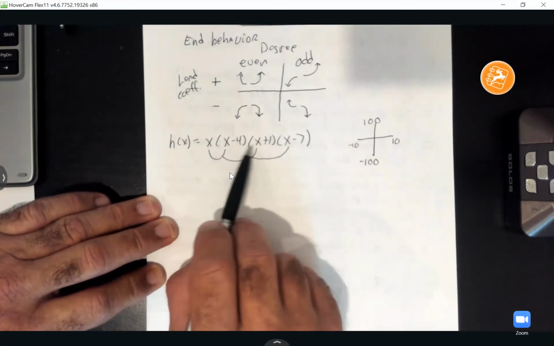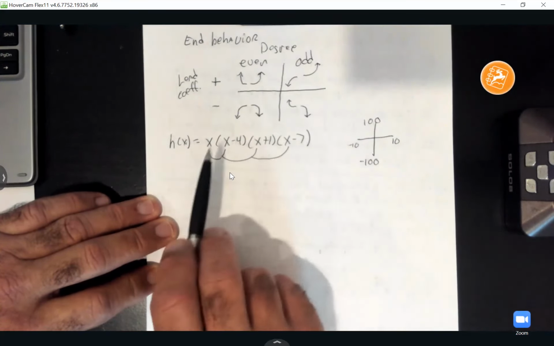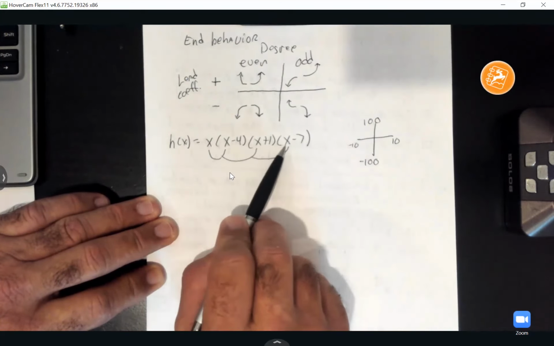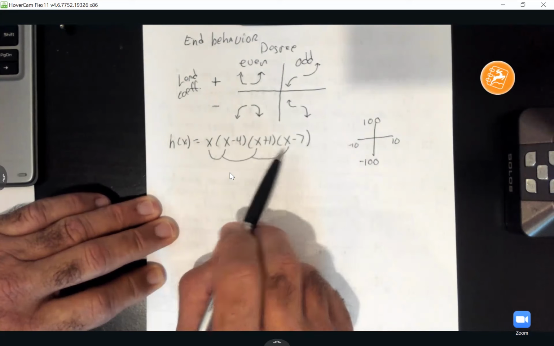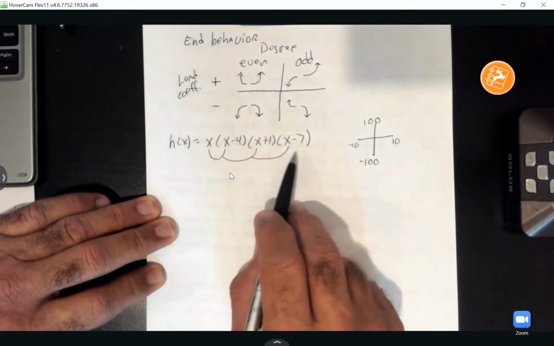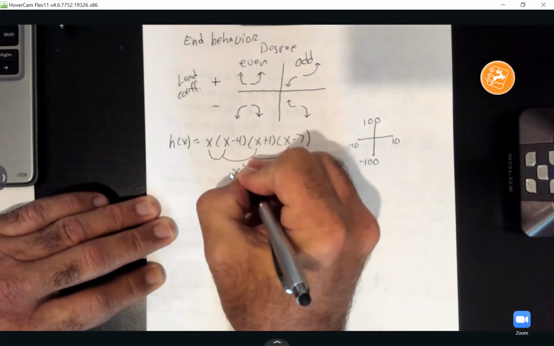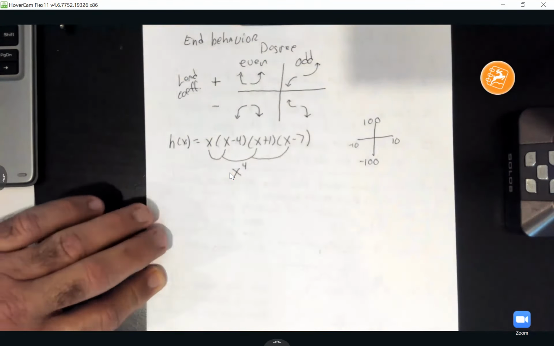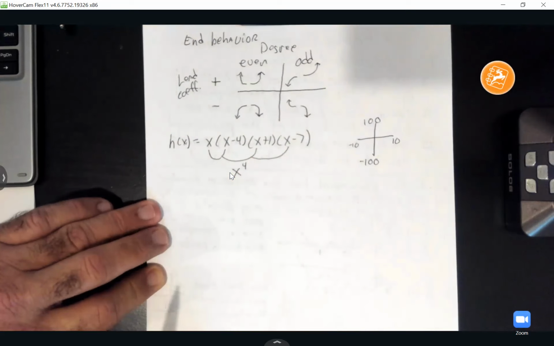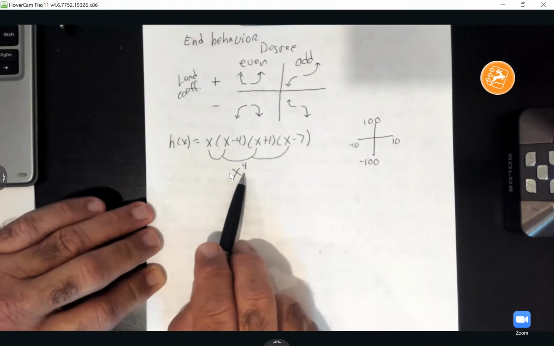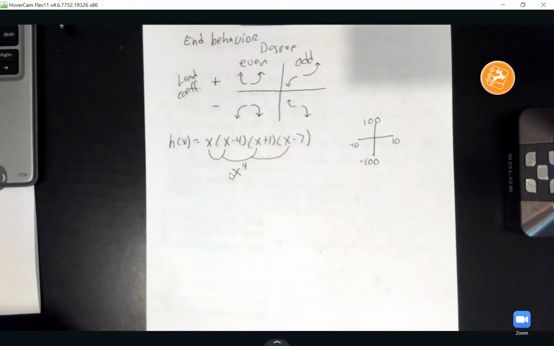If we multiply together all these x's, I got an x times x times x times x. And they're all positive x's. So if you multiply all 4 of them positive x's, you'll get a positive x to the 4th. So this is one way I would do it. All right. So I got an even degree, positive lead coefficient.